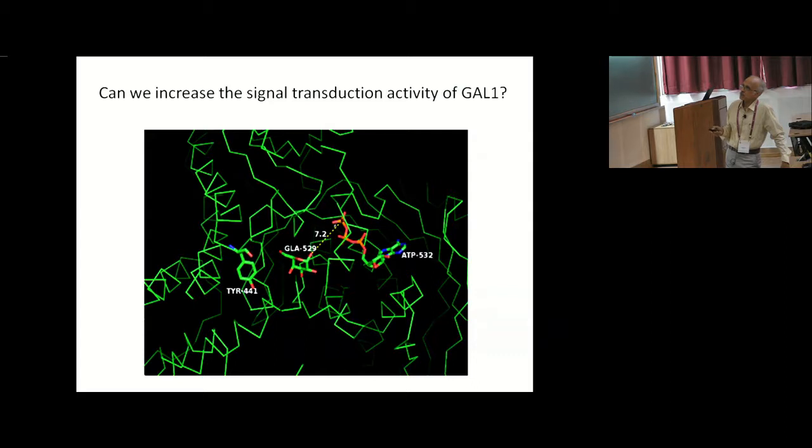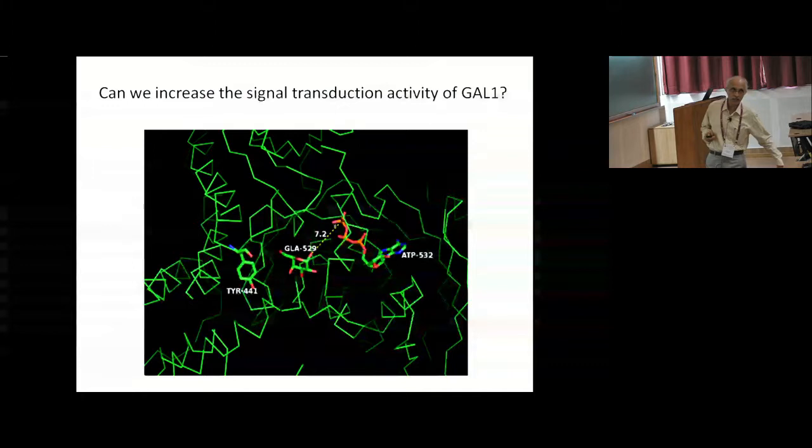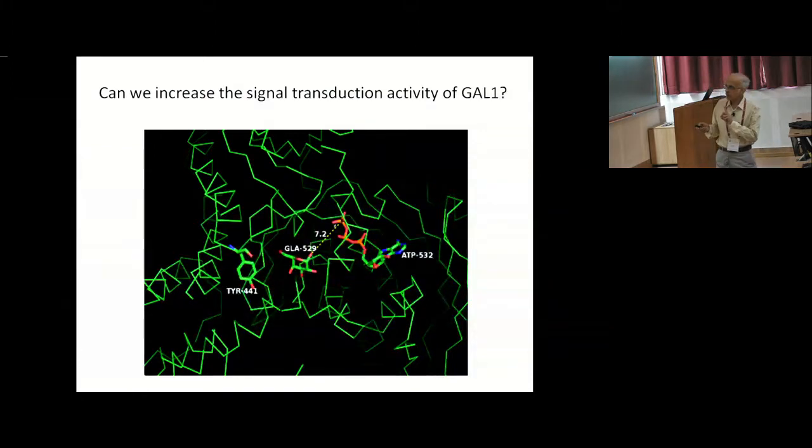The distance between the terminal phosphate and the anomeric hydroxyl of galactose is 7.2. This is where the phosphate gets transferred to convert galactose into galactose 1-phosphate. Now it's known that this distance has to be within certain limits for catalysis to occur. Less than, let's say, 4 to 5 angstroms, catalysis can still occur. But if the distance becomes more, it cannot catalyze.